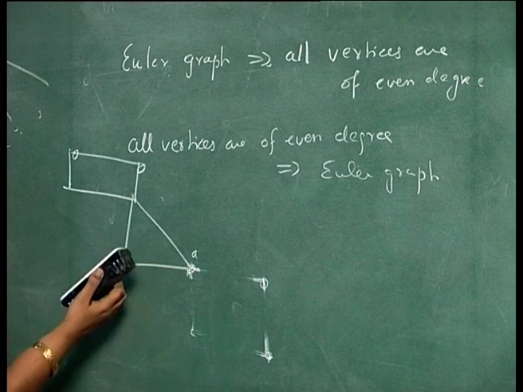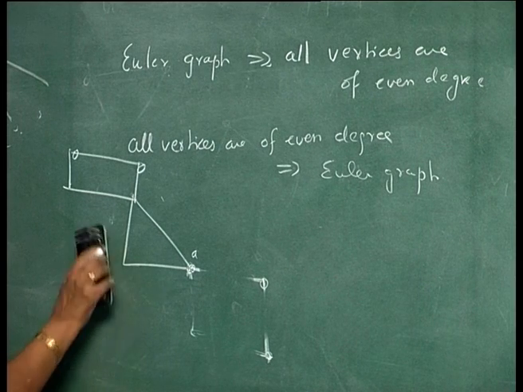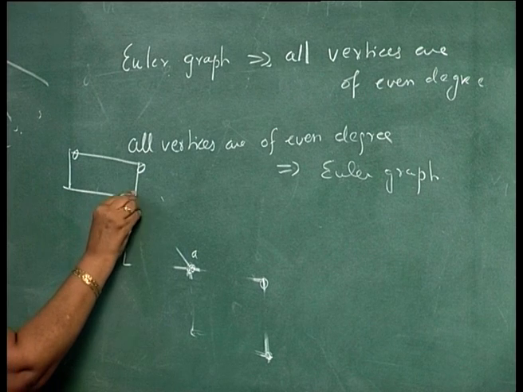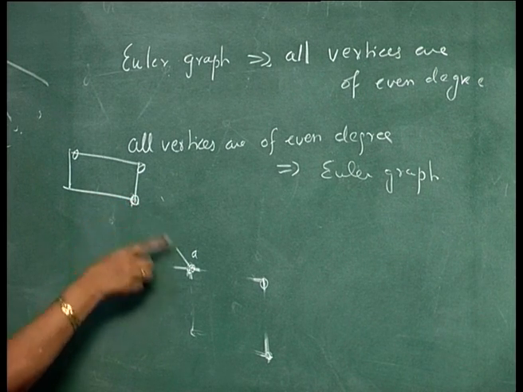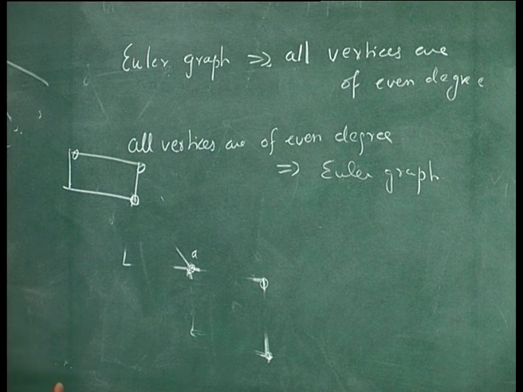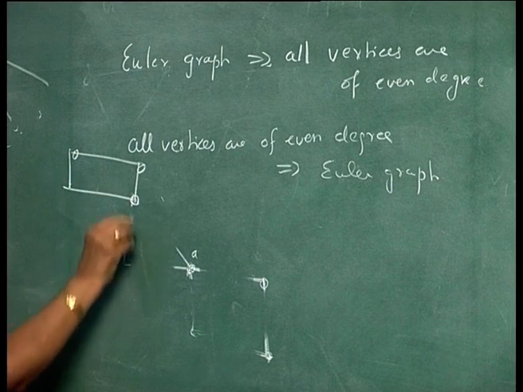If it covers all the edges, it is okay, otherwise remove these edges, and the remaining portion will have at least one vertex in common, because the graph is connected. If the graph is not connected, it may not have a vertex in common, but because it is connected, there will be at least one vertex which is common to this, and so start from here and traverse.